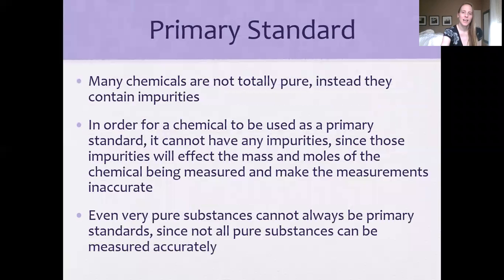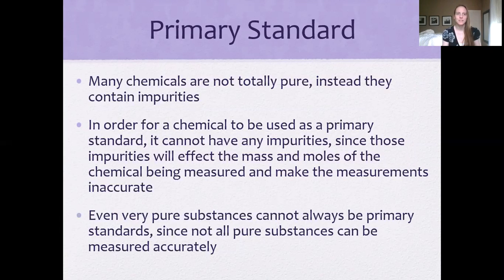So a primary standard, like I said, does have to be completely pure, and most chemicals do contain impurities. It's actually really difficult to find a chemical that is completely free of impurities. So in order for a chemical to be used as a primary standard, it has to not have those impurities, as we've talked about before.